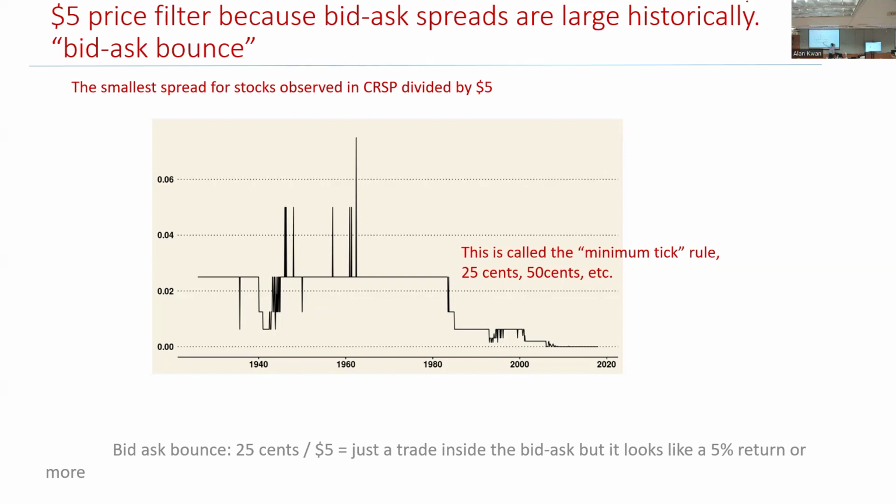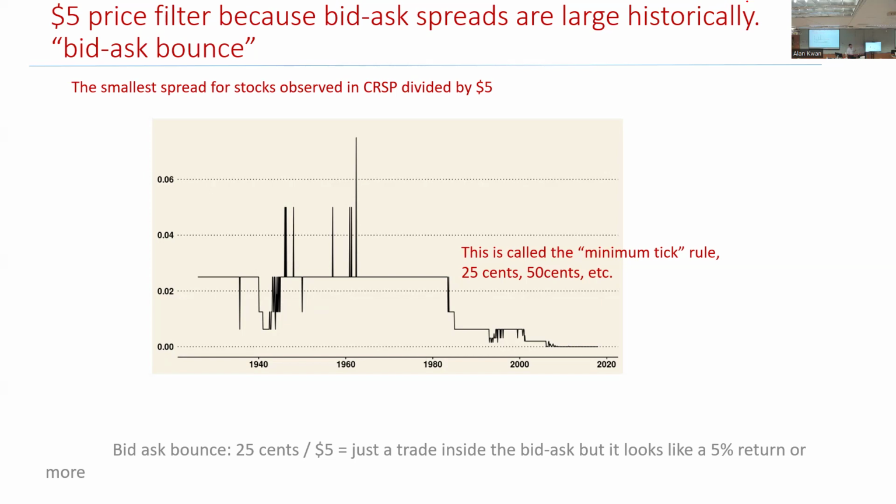Then this falls in the 80s and then in the 90s, and as we get into electronic trading, you can automate market making, so it becomes easy for people to provide liquidity. Long story short, over time this has fallen, but historically this is why the idea of a price filter exists. But there is a minimum tick in a lot of different markets.